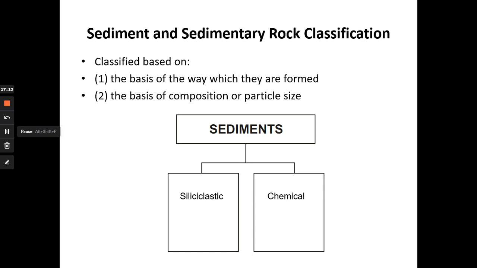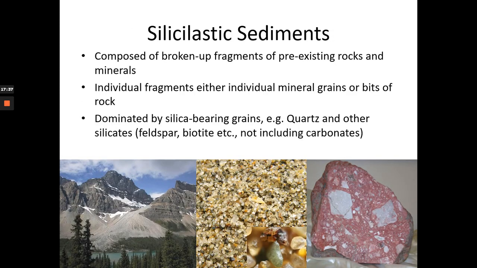Siliciclastics are mostly dominated by siliciclastic particles. Chemical sediments are dominated by chemical and biochemical particles. My part of the course for the next 7 weeks, I'm just going to talk about siliciclastics. The next lecture we'll talk about chemical sediments later on. So let's just look at siliciclastic sediments and sedimentary rocks.